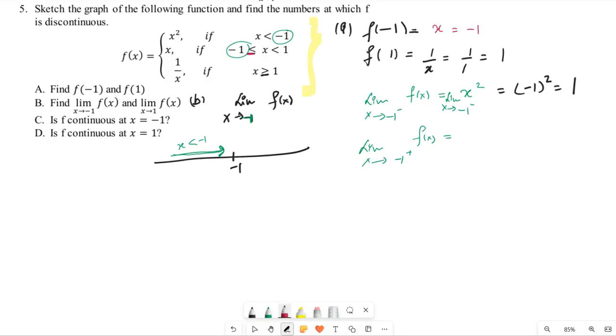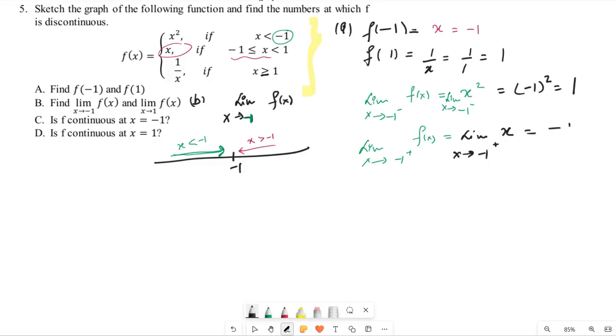Let's talk about the right limit. If you're approaching -1 from the right side, that means you're very close to -1, but from the right side, that means it's a little more than -1. For more than -1, we are going to have to use this part. So the function used is x. Limit as x approaches -1 from the right side, the function used is x.